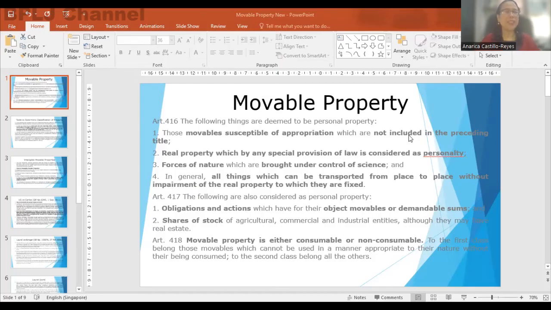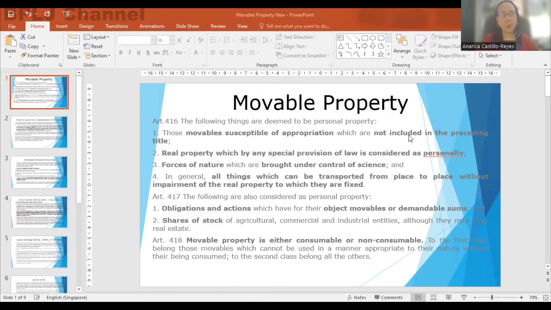So electricity, for example, or Wi-Fi signal, for example, or internet connectivity, for example, is a force of nature which is brought under the control of science and which is considered by law also as a personal property.